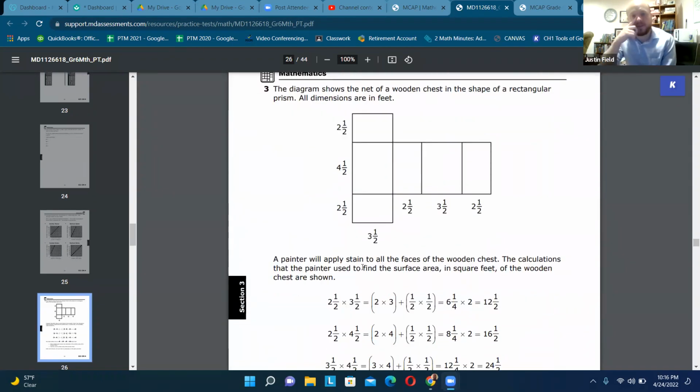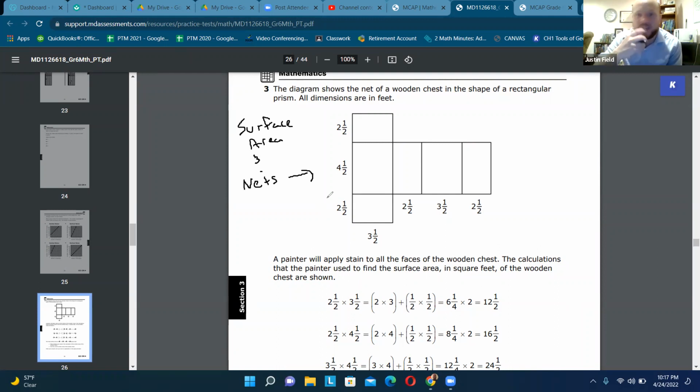Number 3, the diagram. Okay, so I see this net and I'm thinking, before I even read the question, this is a question about surface area. And this thing is called a net. So nets, that's the topic. The diagram shows the net of a wooden chest in the shape of a rectangular prism.